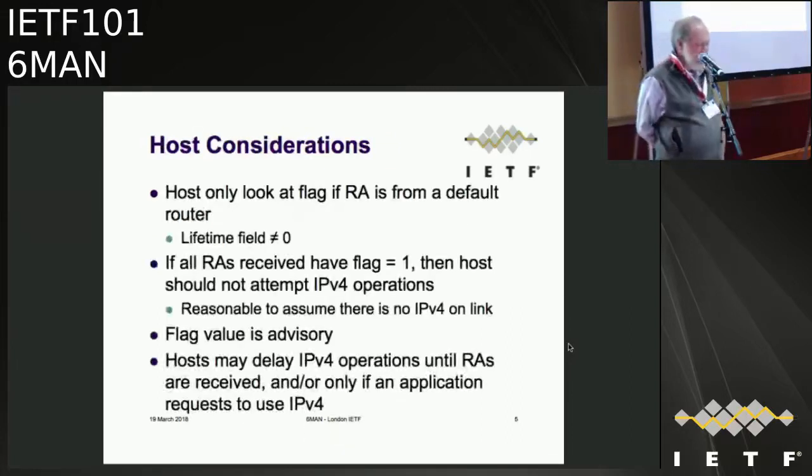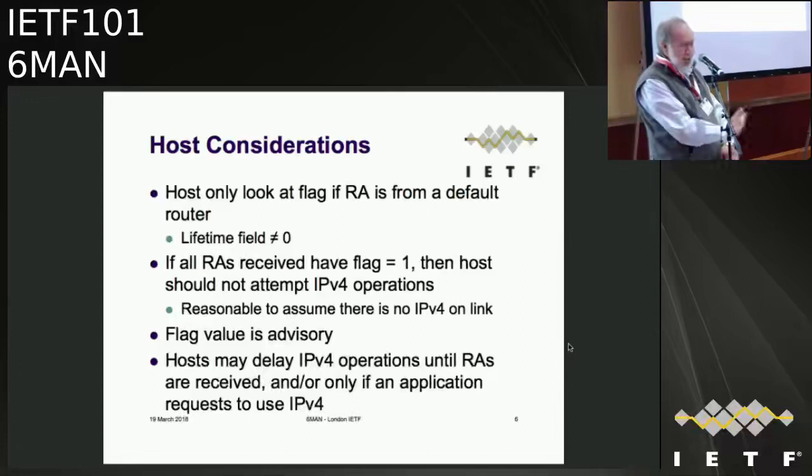Host configurations: again, the hosts only look at this if it's a default router, that is, if the lifetime field is not 0. If all RAs received have the flag set to 1, then the host should not attempt IPv4 operations. It's reasonable to assume there's no IPv4 on the link.